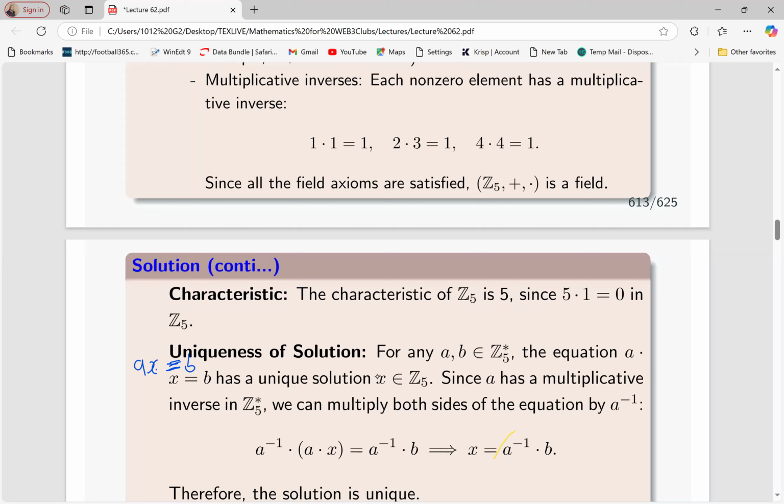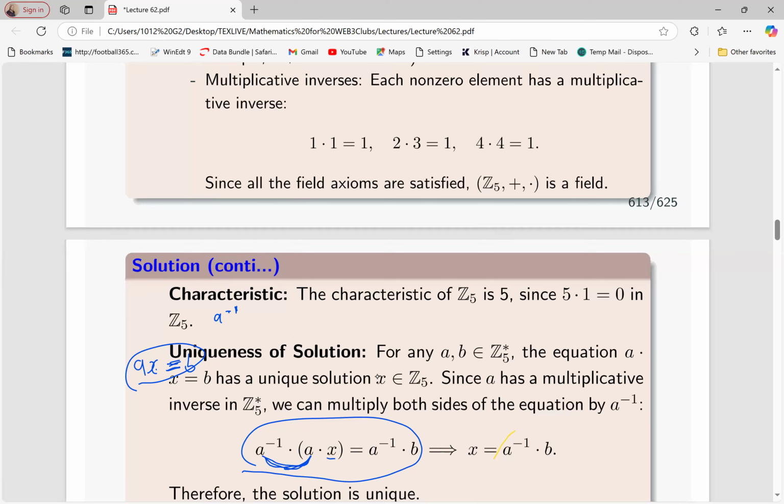For us to show this, you have to realize that since you're working with a field, A has an inverse. Then multiply this inverse on both sides. When you multiply the inverse on both sides, this is what you get. And you know that the inverse of A times A is 1.